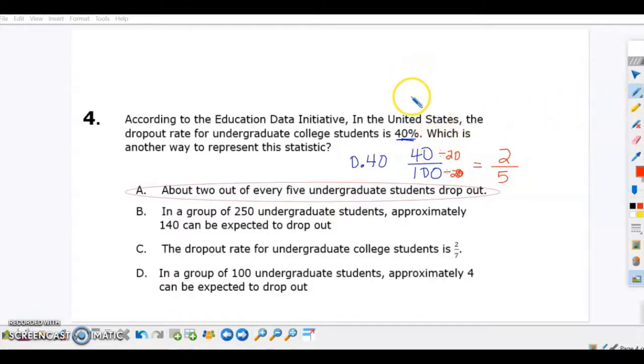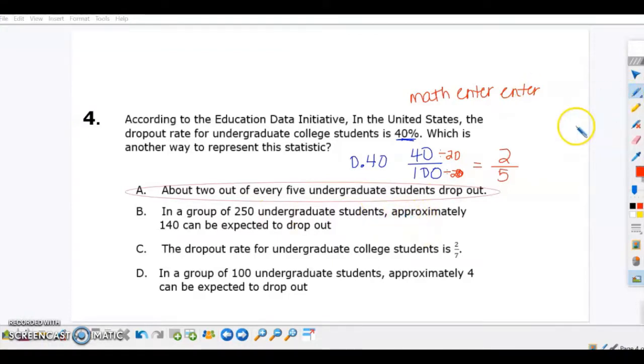Remember, if you have a graphing calculator with you, you can change a decimal to a fraction or reduce a fraction by pressing Math, Enter, Enter to put a fraction in simplest form.